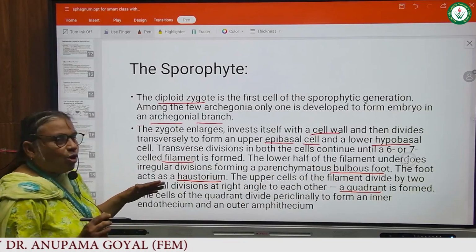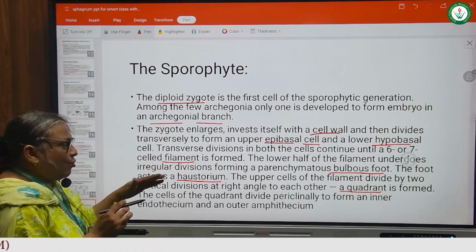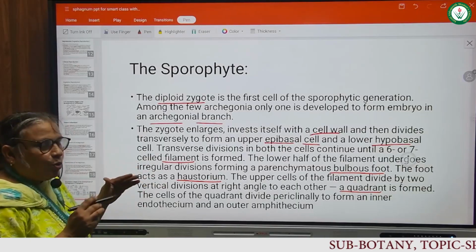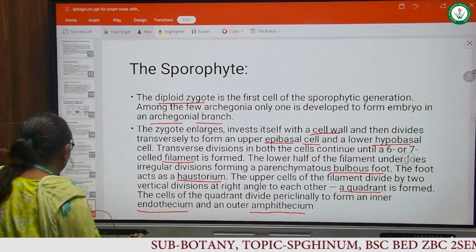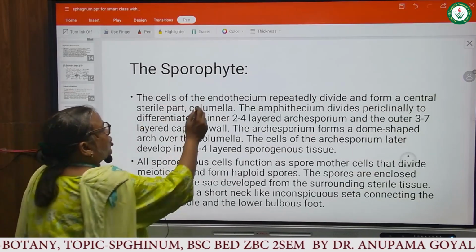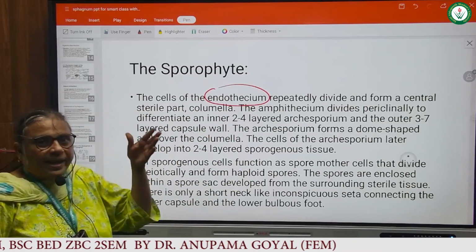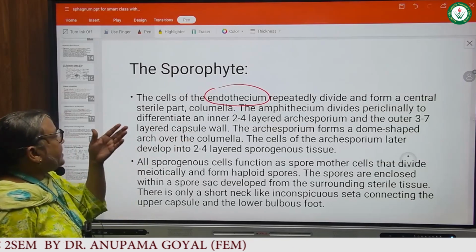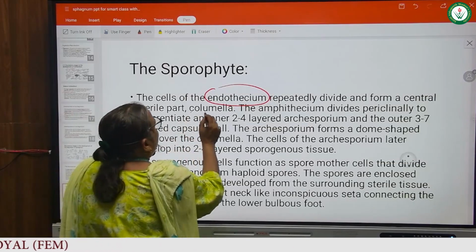The cells of the quadrant divide periclinally to form an inner endothecium and an outer amphithecium. Now, the cells of the endothecium divide repeatedly and form a central sterile part called the columella.